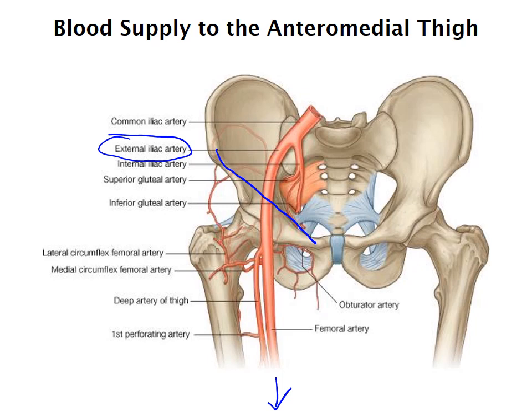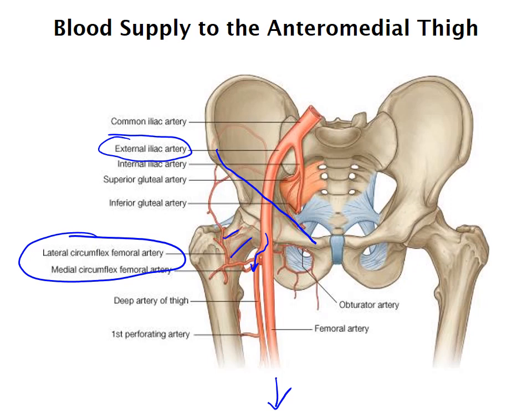It gives off the deep femoral artery, or the profundus femoris, which quickly gives rise to the lateral and medial circumflex femoral arteries. The circumflex femoral arteries give rise to the retinacular arteries, seen here, which supply the neck and the head of the femur.